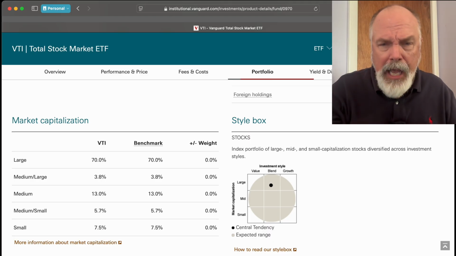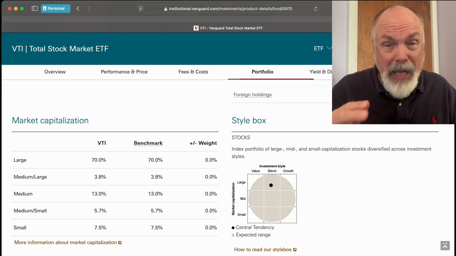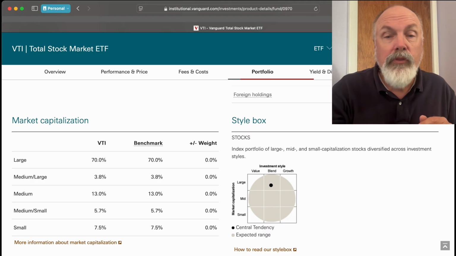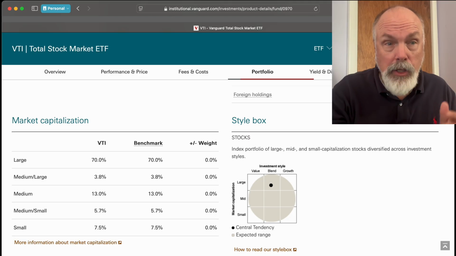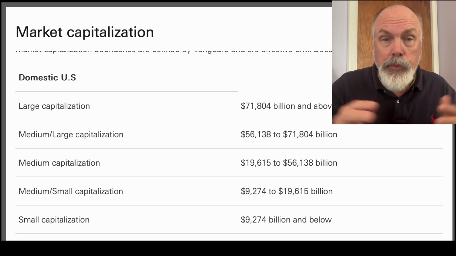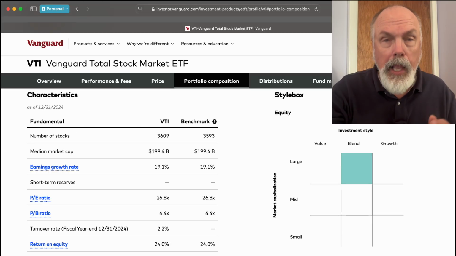They have small cap here, but which is medium small? And is everything else in the large cap or just the top 70%? When you click for more information on market capitalization with the overview here from Vanguard, it provides its own descriptions of the definitions of market capitalizations.